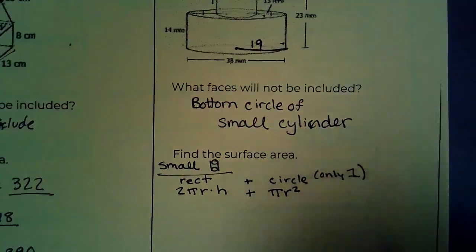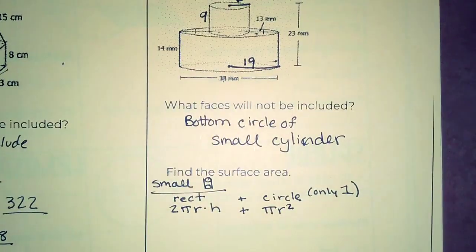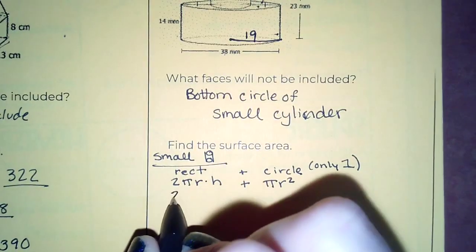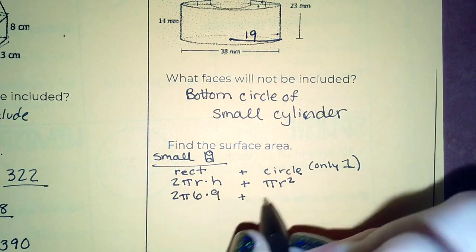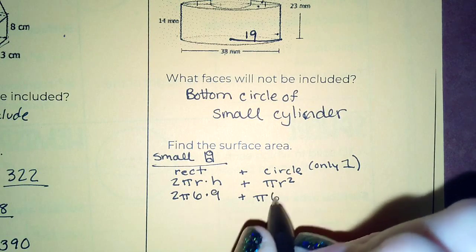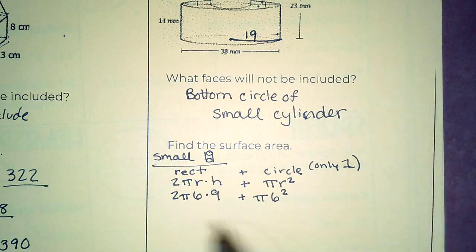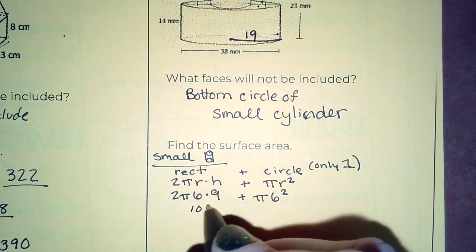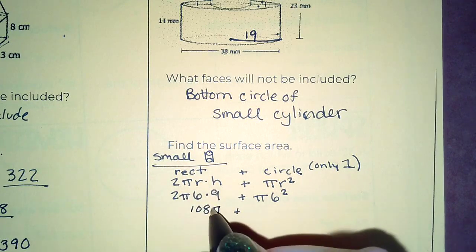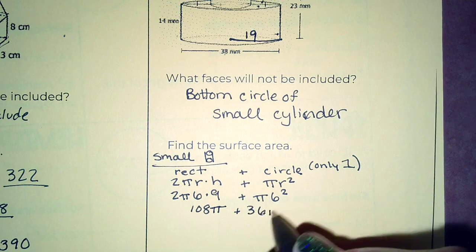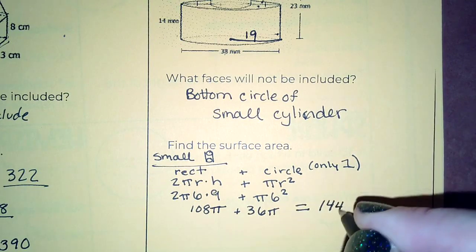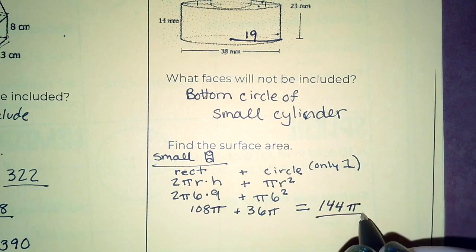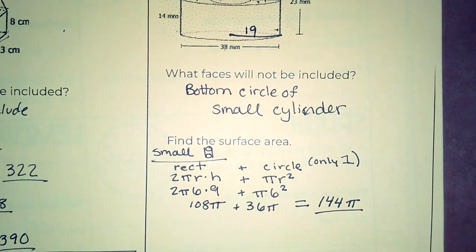Let's plug in what we know. Our radius is 6, so 2 pi 6 times the height of 9, plus pi 6 squared. 2 times 6 times 9 is 108 pi plus 36 pi equals 144 pi. So this is the small cylinder.